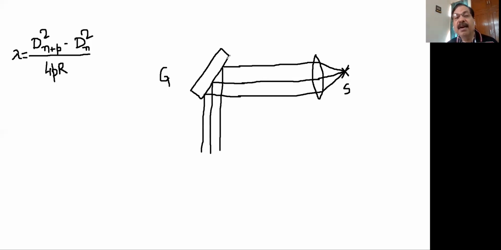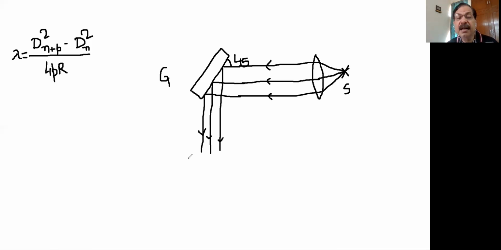This angle is 45 degrees. So the light beam reflects at an angle of 90 degrees. Okay.